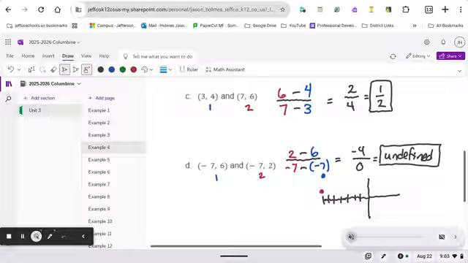We have this vertical line that's going straight up and down. Anytime you have a vertical line going straight up and down, the slope is undefined. If you divide by 0, that's not okay. You're not allowed to do that. And so the slope of that would be undefined.